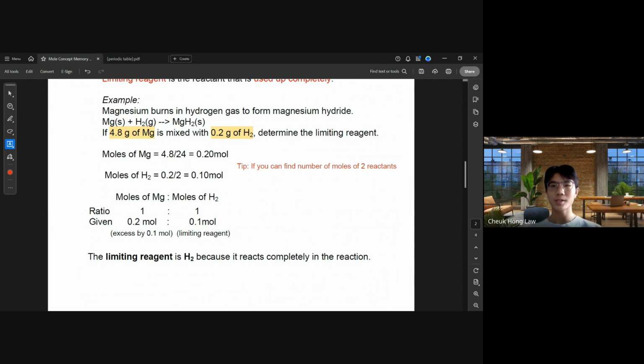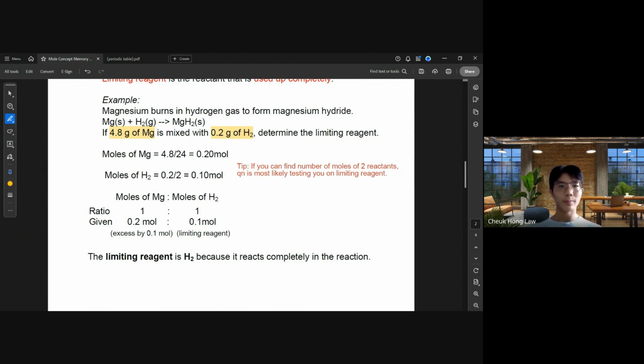Maybe the question won't even say determine the limiting reagent, but you will know that this question is testing you on finding the limiting reagent.